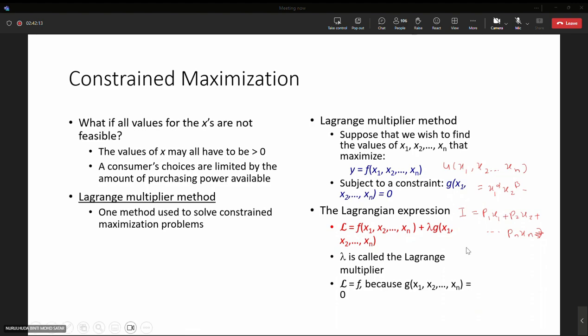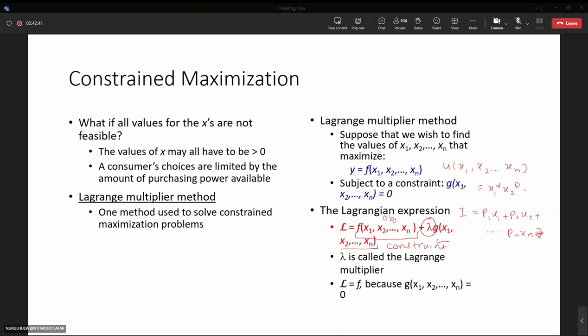So how are you going to incorporate this into the optimization problem? By forming the Lagrangian function, which is a function of the objective itself and also the constraint. And we have the Lagrangian multiplier lambda here, right?